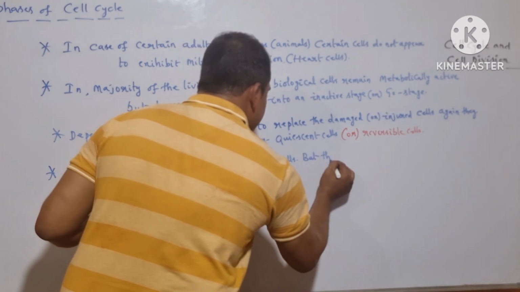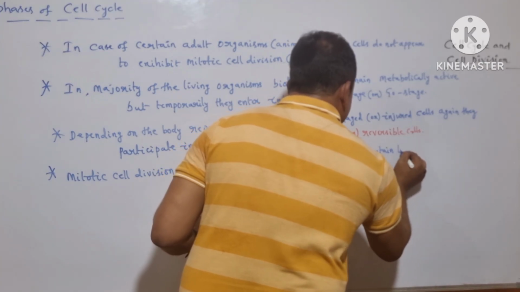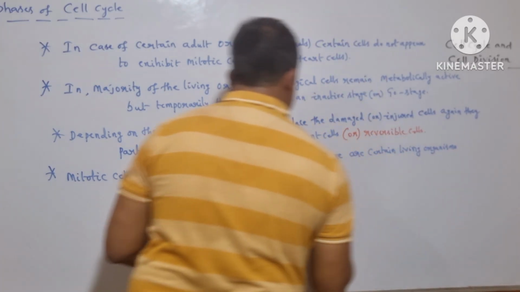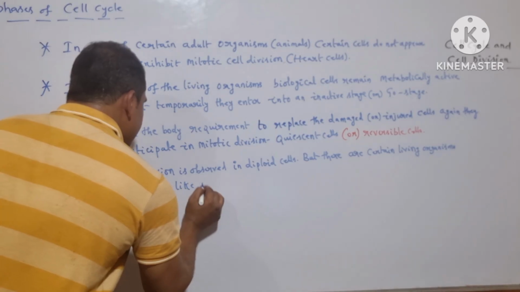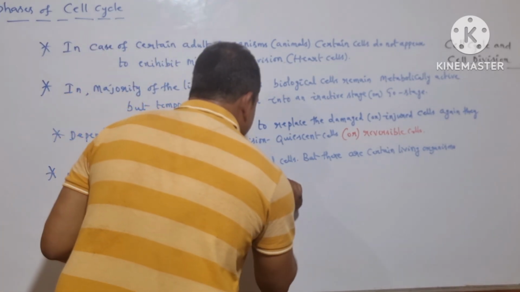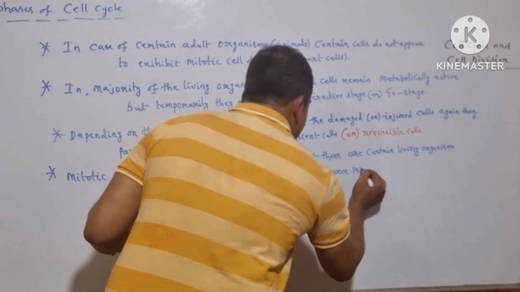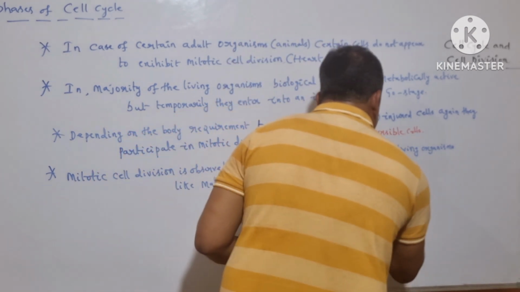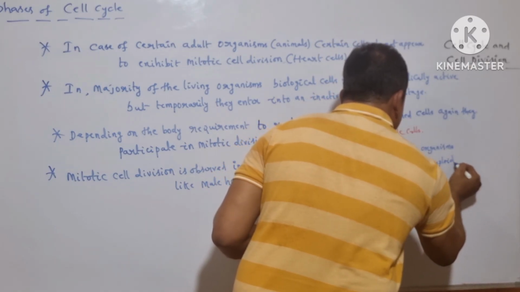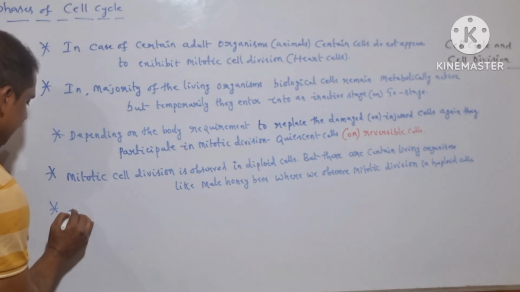But there are certain living organisms like male honeybees, where we observe mitotic division in haploid cells. Is it clear?